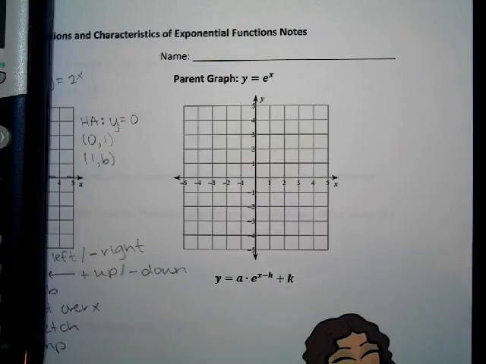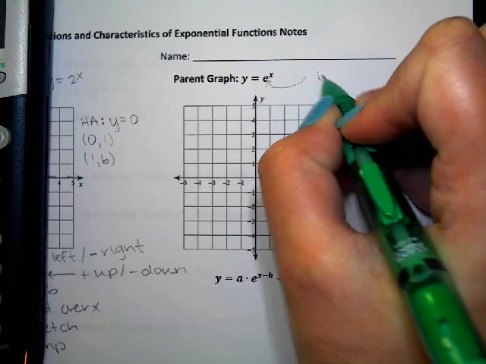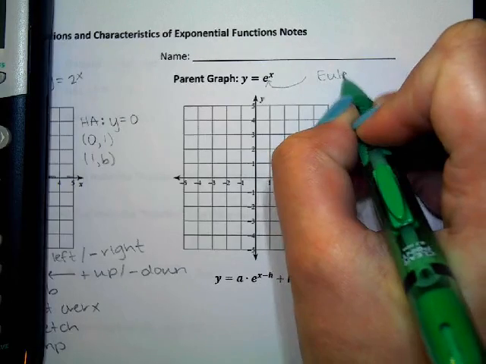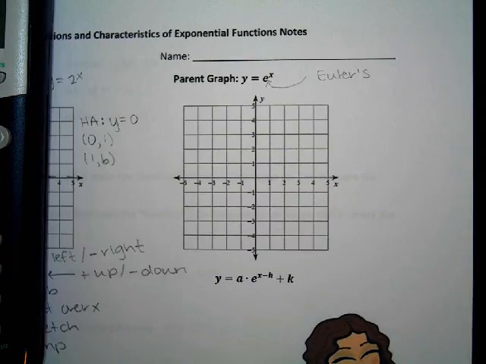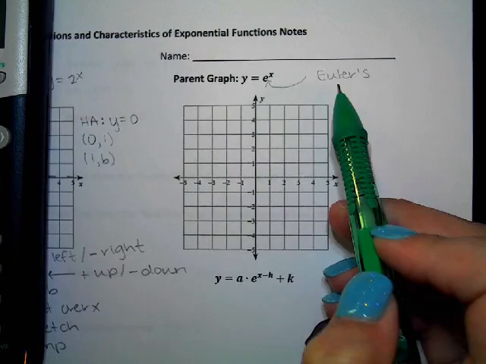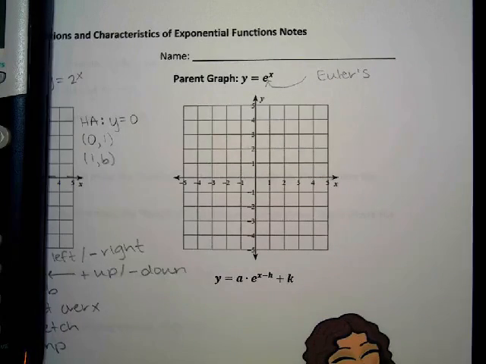Why would I call that Euler's number? Well, here's why. It's Euler's number. Did you hear that? Clearly not an American name.